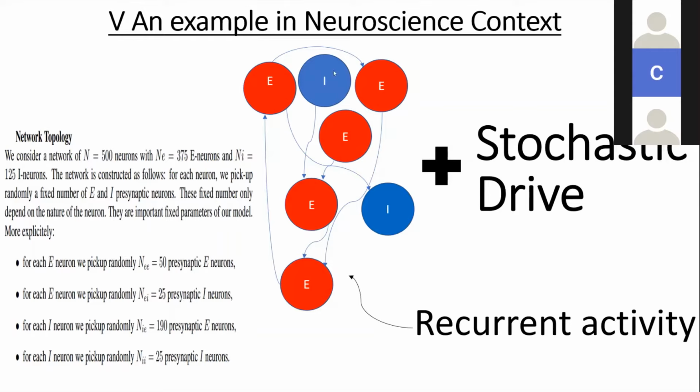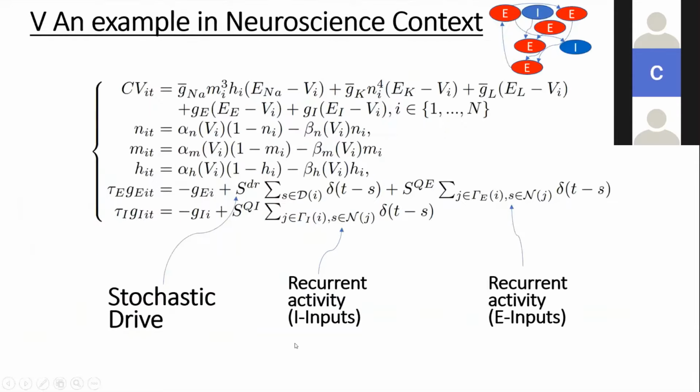And then you have a recurrent activity which comes from the coupling within the network. What we consider are Hodgkin-Huxley type equations.